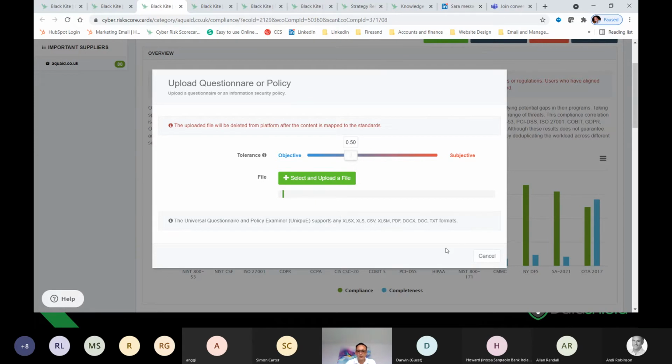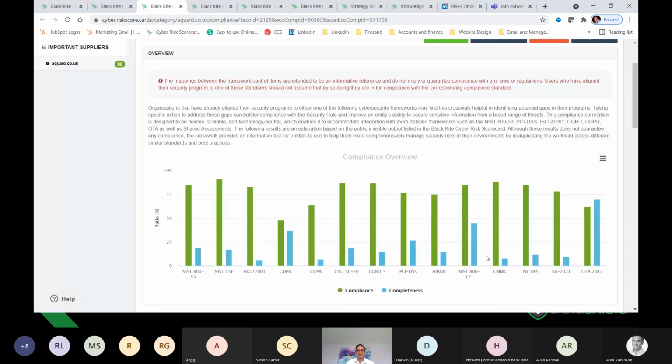But it will also alter their score for any of the other compliances where a clause within ISO 27001 is directly relative to a clause in PCI DSS or GDPR or NIST or HIPAA or whichever framework it is, which enables you to get evidential proof from your supply chain and import it into the platform.